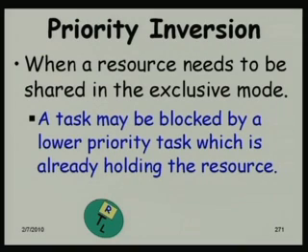Let us say that this is a lower priority task TL, which has acquired a resource R, and after some time the high priority task was released, and it waits for the resource R. Until the lower priority task completes its execution, the resource will not be available to the higher priority task, and it cannot execute. That is the main problem.